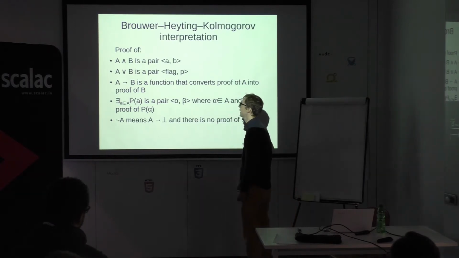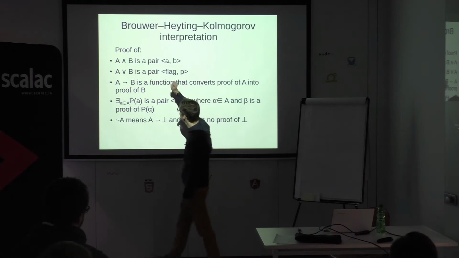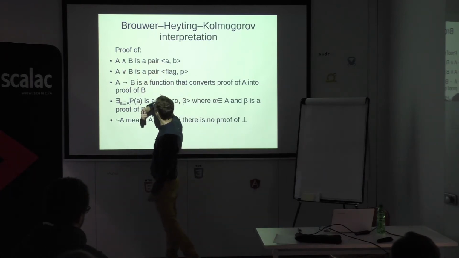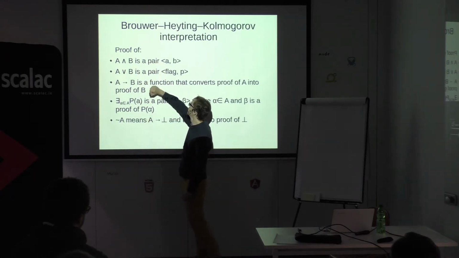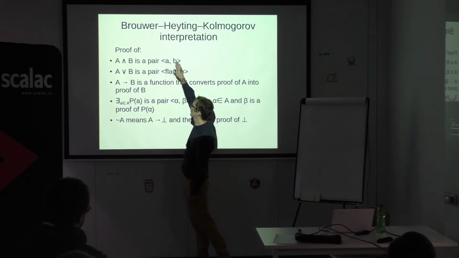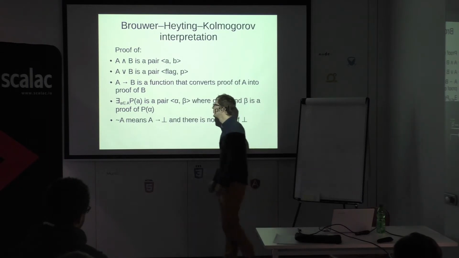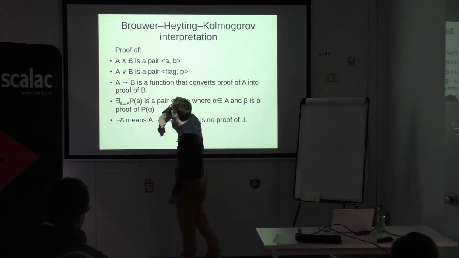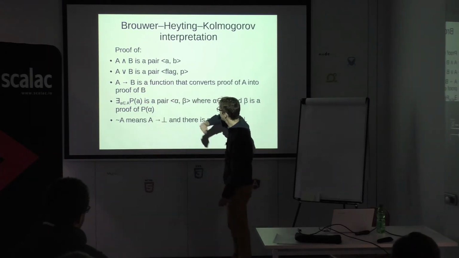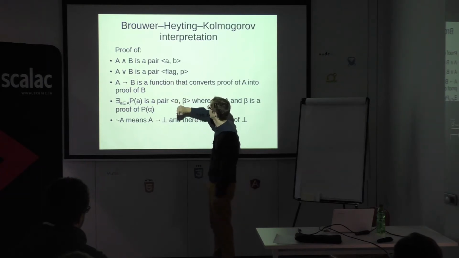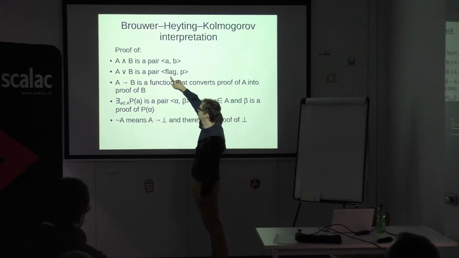So they say, okay, let's say that a proof of A and B is a pair: a proof of A and a proof of B. That makes sense. A proof of the alternative A or B is also a pair, but the first element of this pair is a flag.